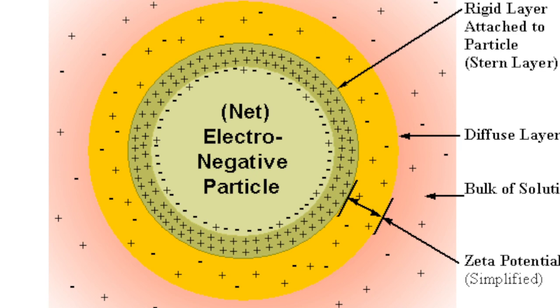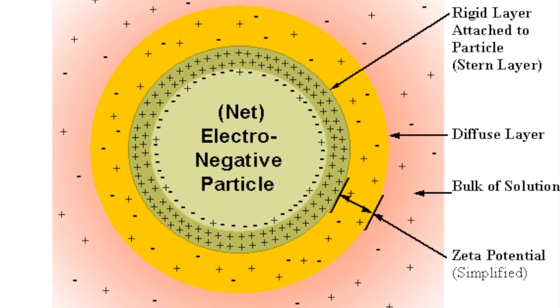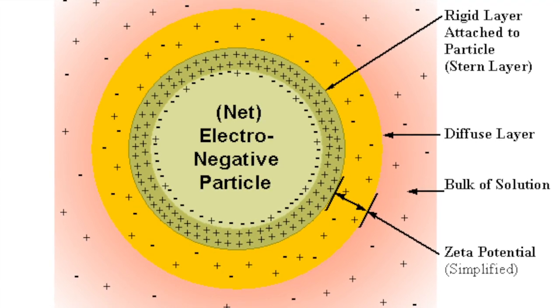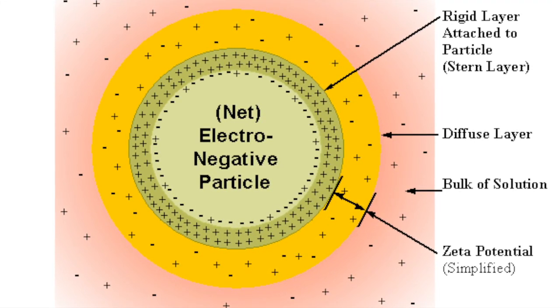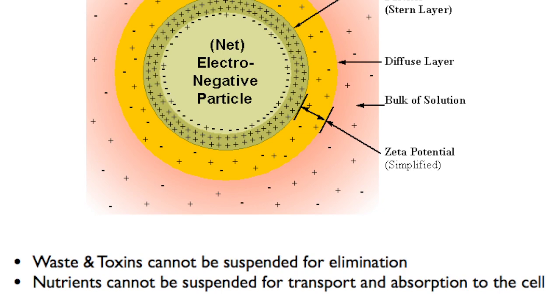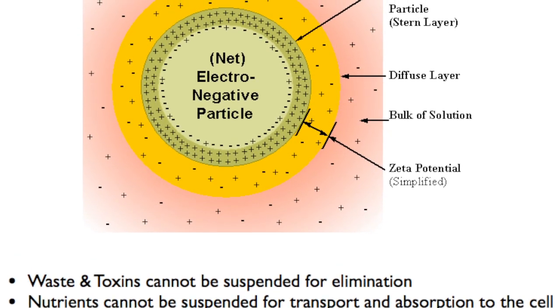The electrostatic charge around a colloidal particle, for example, a red blood cell, is known as the zeta potential. In the human body, many think of blood, lymph, urine, digestive chemistry, and the fecal material as a fluid, but it is more akin to a suspension. Solid particles are suspended in a liquid.